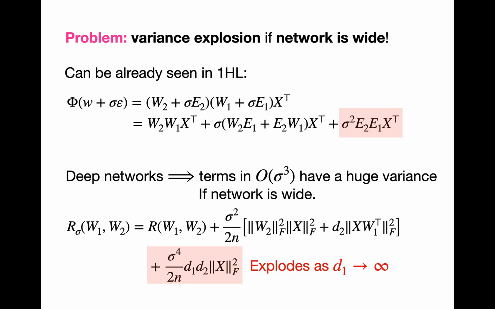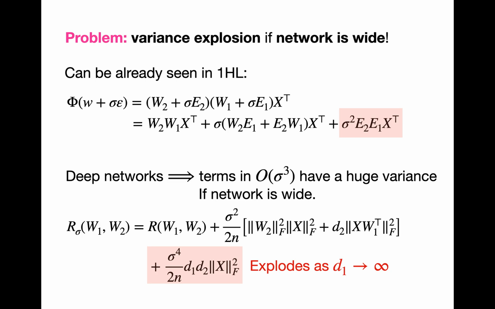This is a very nasty problem, and a problem that I hid under the carpet until now for this presentation. Let's consider the perturbed model output phi, so phi of w plus noise. When you do this and you expand the network, you are going to have some perturbed input into the model, but also this term sigma squared E2 E1 x.